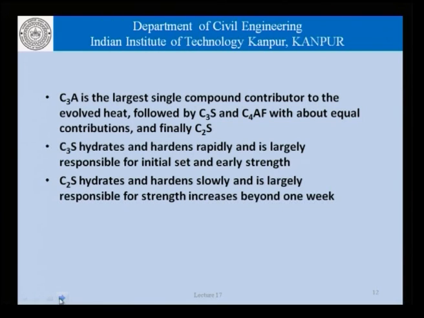We have also seen that C3S hydrates and hardens rapidly and is largely responsible for the initial set and early strength in concrete, and C2S hydrates and hardens slowly and is largely responsible for the strength beyond 1 week. So, depending on what kind of concrete we are talking about, we need to control the chemical composition of cement. If it is high strength concrete, we need one type of cement.